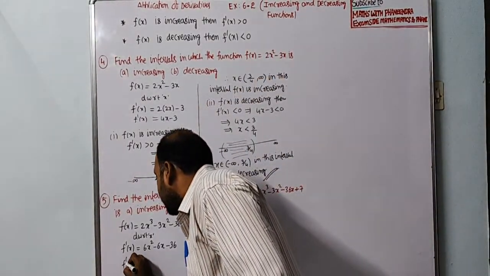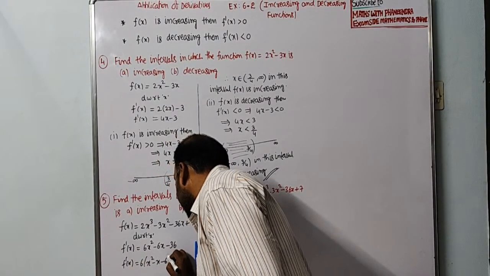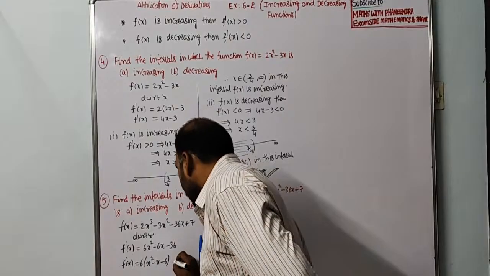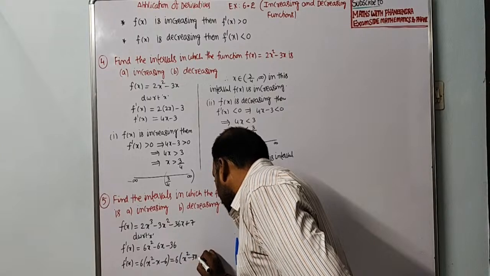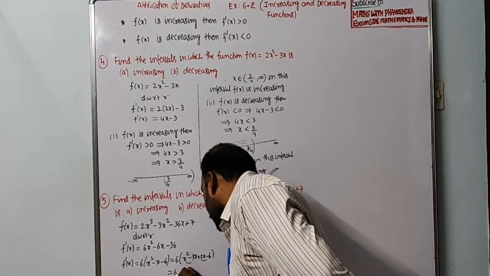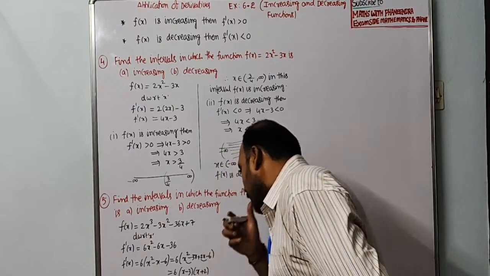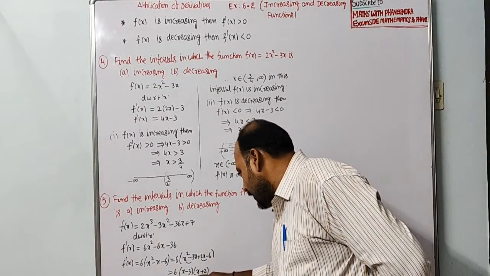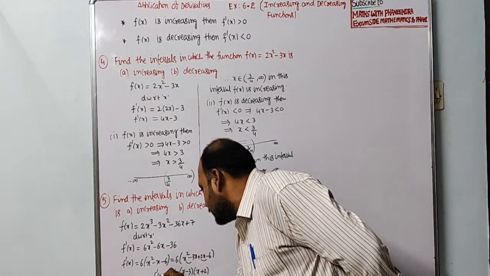So f dash of x is equal to 6 take common, x square minus x minus 6. Later we can find the factors: 6 into x square minus 3x plus 2x minus 6. So directly I am writing, dear students, 6 into x minus 3 into x plus 2. So f dash of x value we got here.